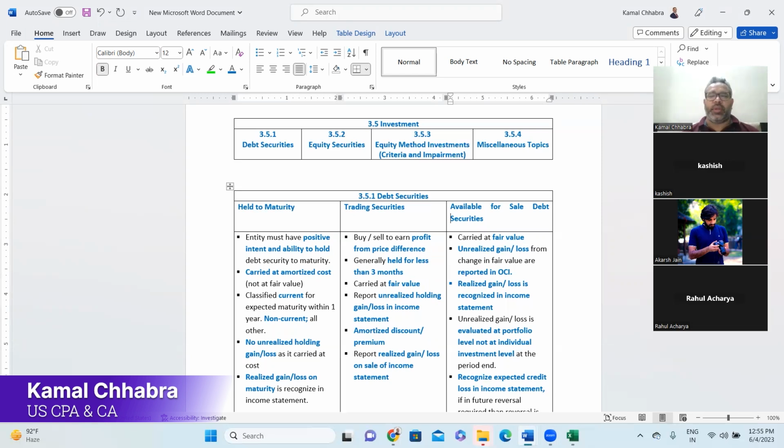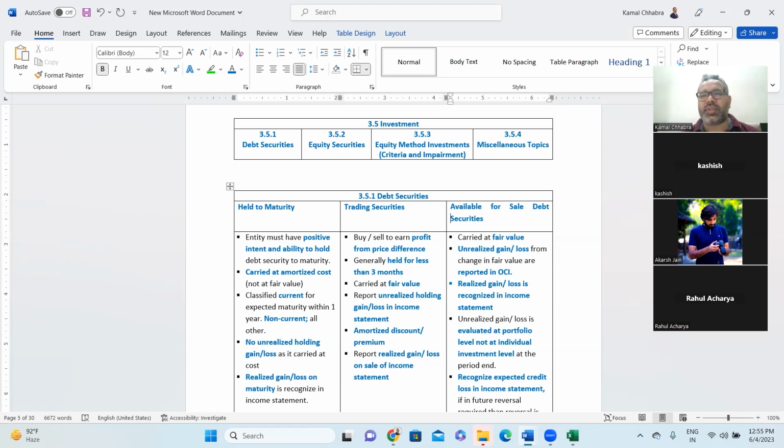So those securities initially you have not purchased for the trading purpose, right? And nor are you in a position to hold them till maturity, and you want to sell them to earn some profit. For example, you purchase certain debt on 1st January 2022, and after 6 months, which is let's say 30th June 2022, you want to sell them because the price has gone up.